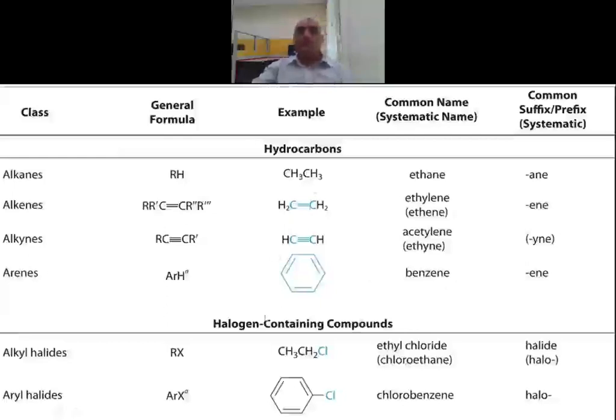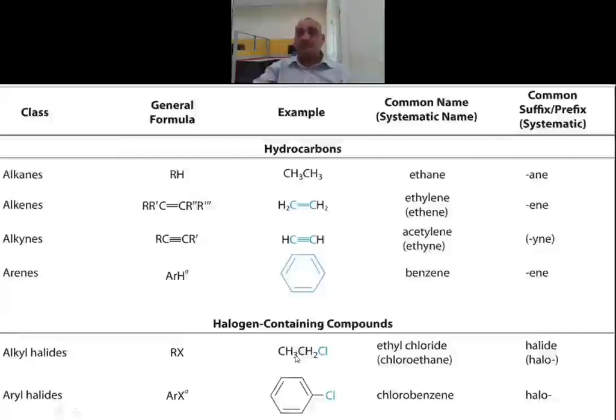Now we move to another class of organic compounds. They're called halogen containing compounds. If we remove the hydrogen of the alkane by a halogen group, you can see here, the name of the compound is called alkyl halides.